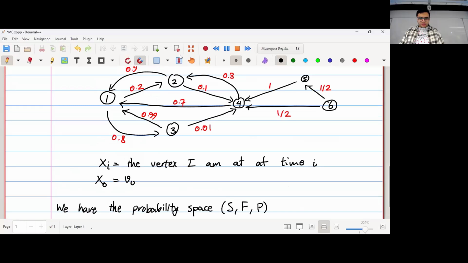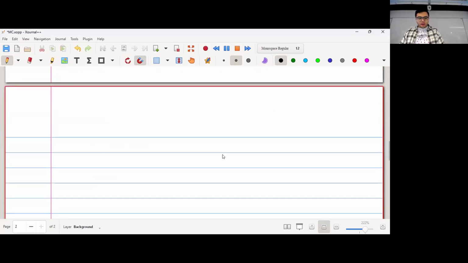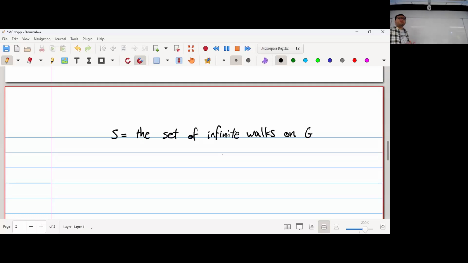And my set S is going to be the set of all infinite walks on my graph G.